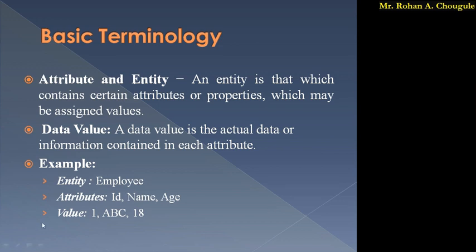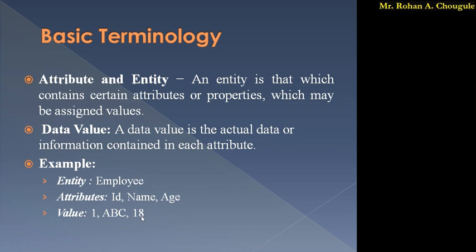So here in this case, employee is an entity and the attributes of the employee are ID, name and age, and to this ID we assign the value 1, to this name we assign the value ABC, and to this age we assign the value 18.